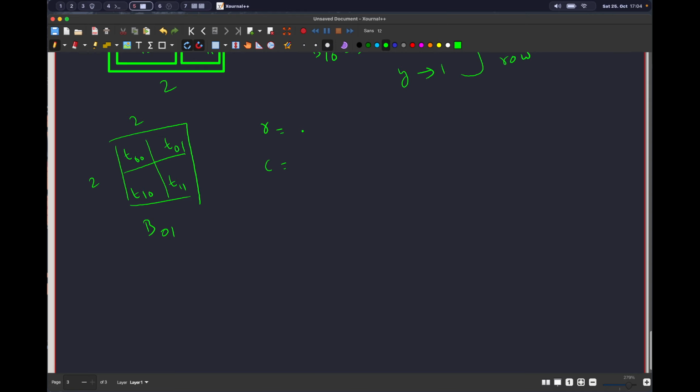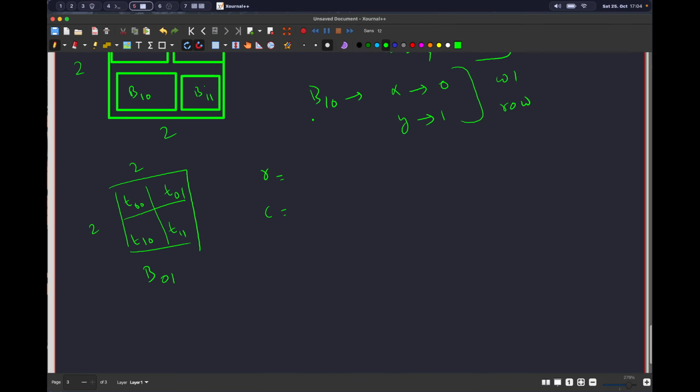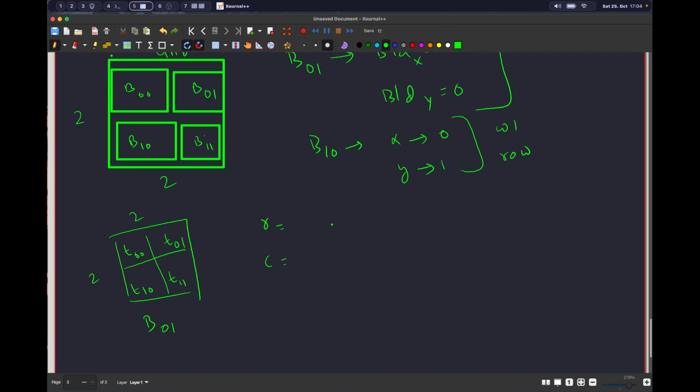The formula of row is block idx dot y. So y in this case is 0. Block dimension dot y is 2. Thread idx dot y is also 0.